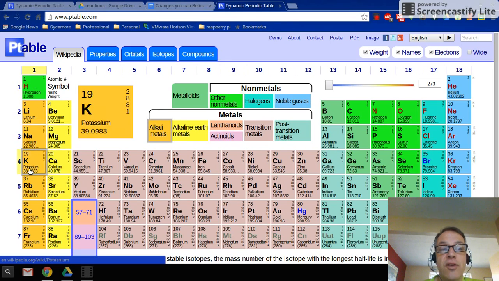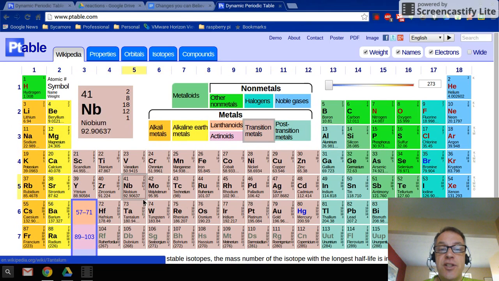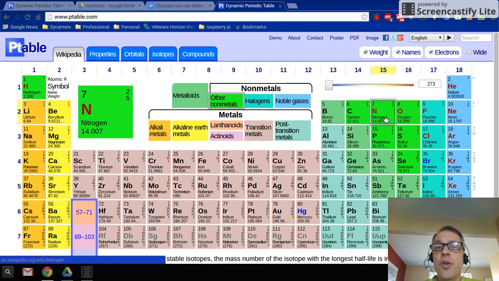So all of the alkali metals are some of the most reactive metals. Alkaline earth metals also are somewhat reactive. Then you have transition metals. Over here we have the noble gases, the halogens, and then typically at this point we call them the oxygen family, the nitrogen family, and so on. So just remember, if this were the periodic kingdom, the same columns are the same families, elements that have very similar properties.